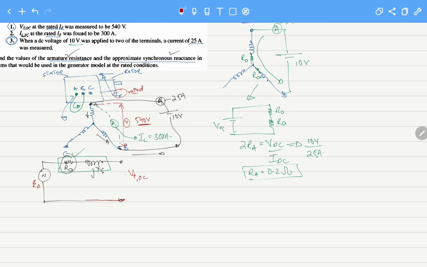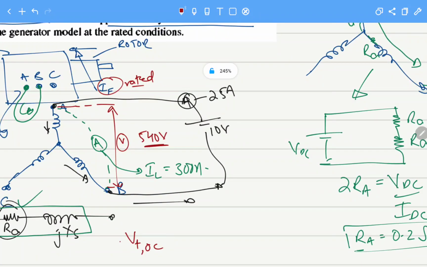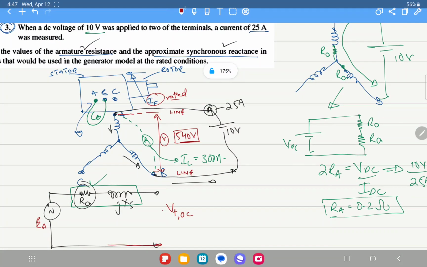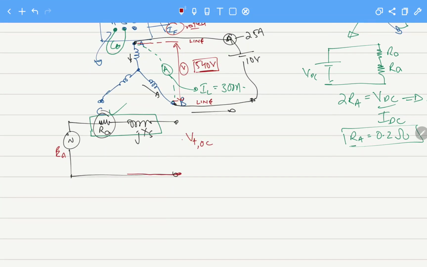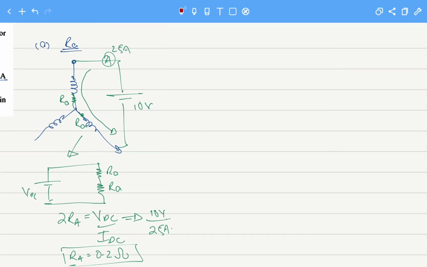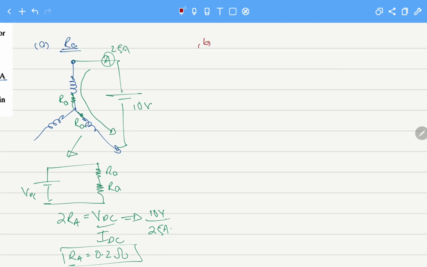Now as we can see in the circuit, they have given us a value of 540 volts, but this is not a per phase value. This is the line to line voltage calculated between terminal A and terminal B. So the first step is to convert this line voltage to phase voltage.